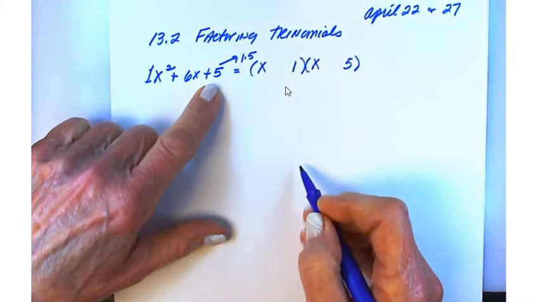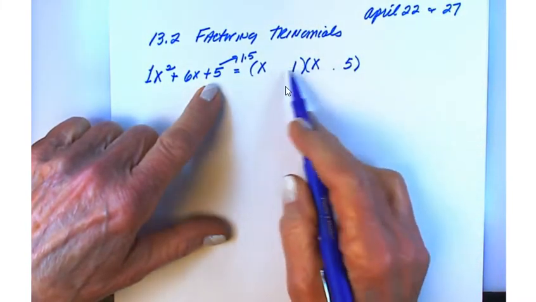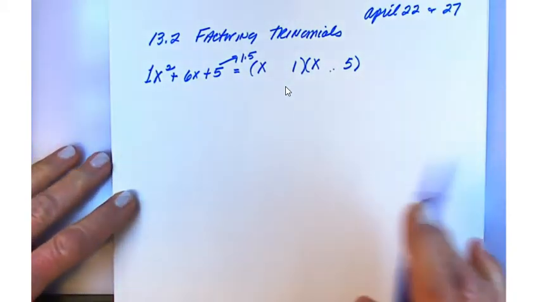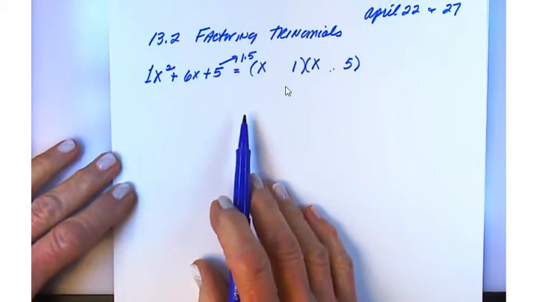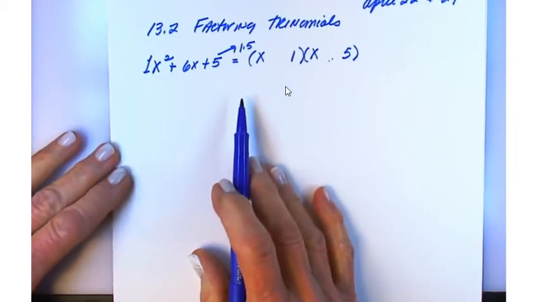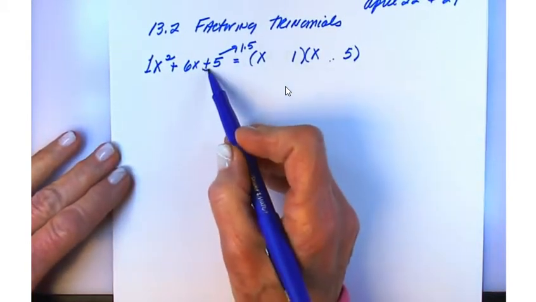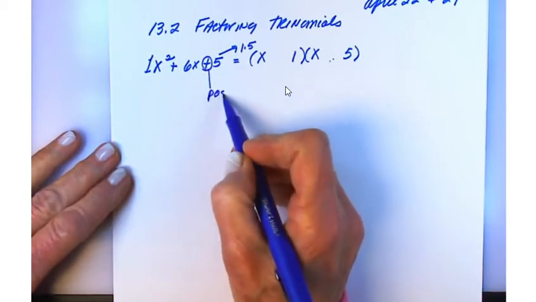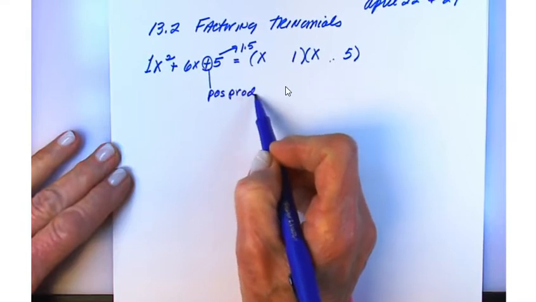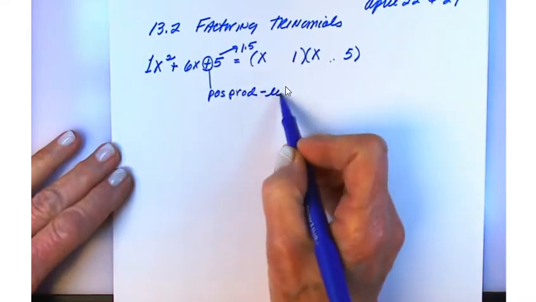Now our job is to determine the signs. Remember, we could have plus or minus here, and plus or minus here. We have clues. This is positive. In order to get a positive product, the only way is like signs.